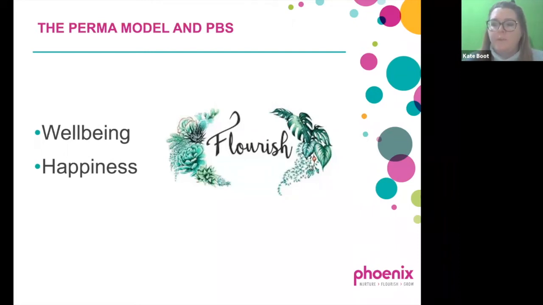So it provides us with a model to really dig deep, to think about what quality of life is for that individual, because it will be different to the next person. And what we've wanted to achieve within our setting is being able to involve the student in that, which is why I'm presenting on how we've made that process accessible.